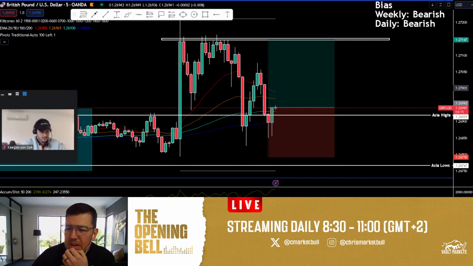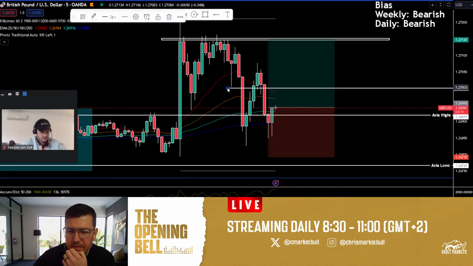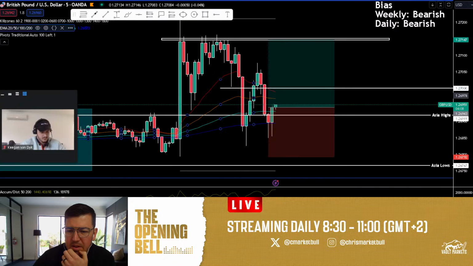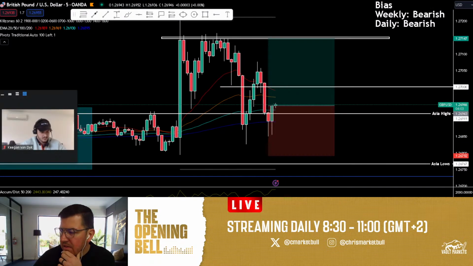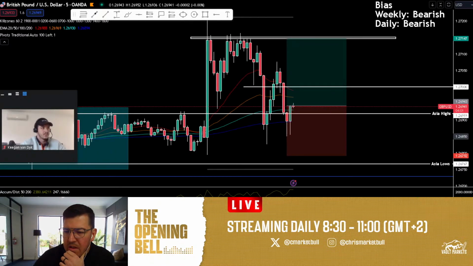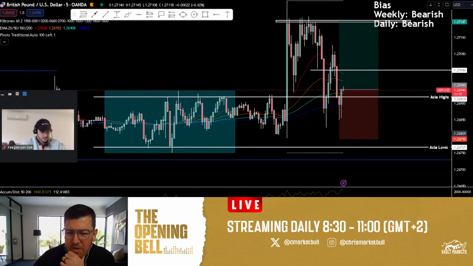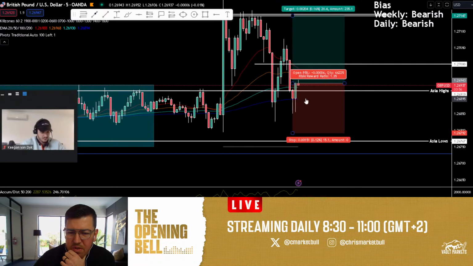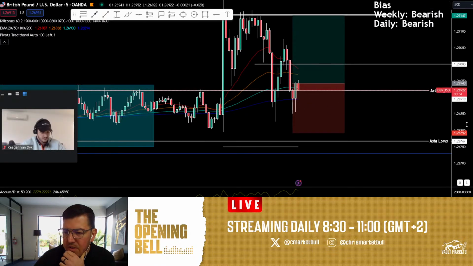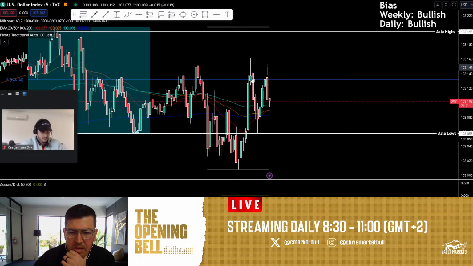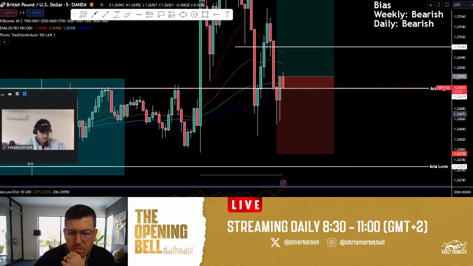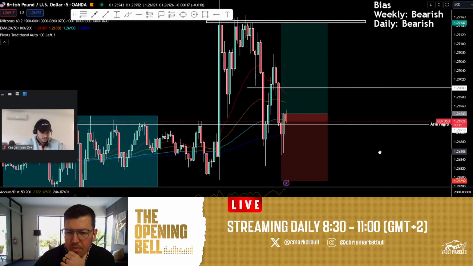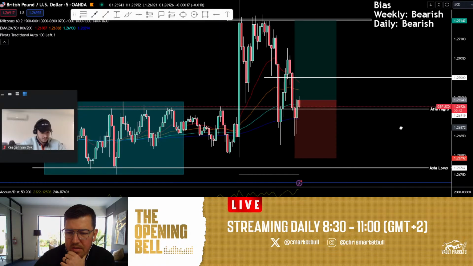Another thing, we need to get above the round number 12700. If we can't get above that number right there, if we fail here, I would close the trade for a few pips in profit. But I am still bullish on this pair for the session, and we are holding Asia highs. DXY failing again at the daily pivot, so let's see whether we can push up to retest the session highs.